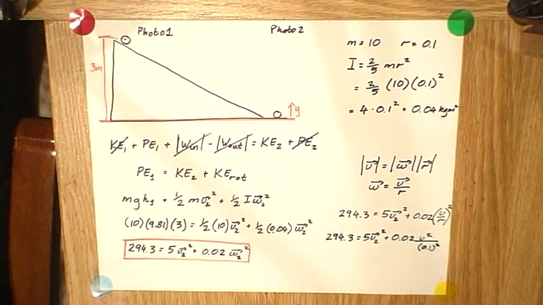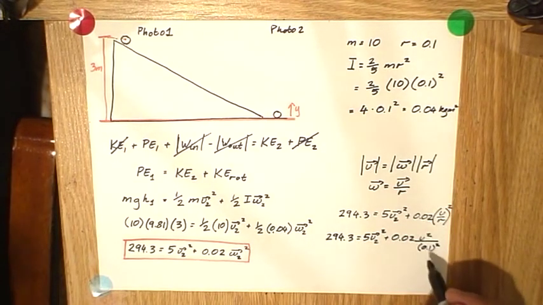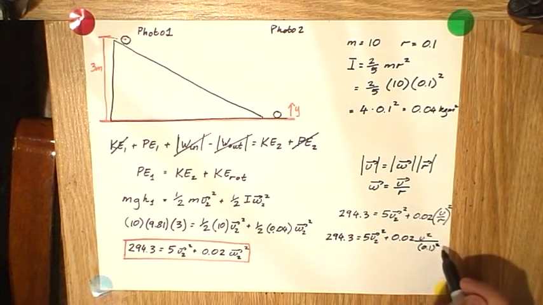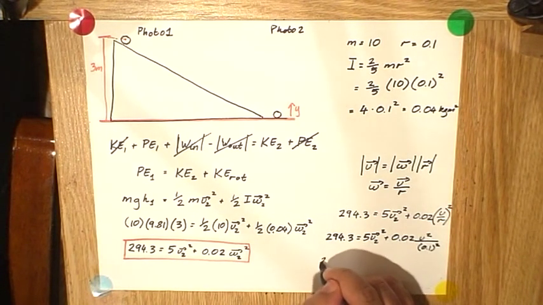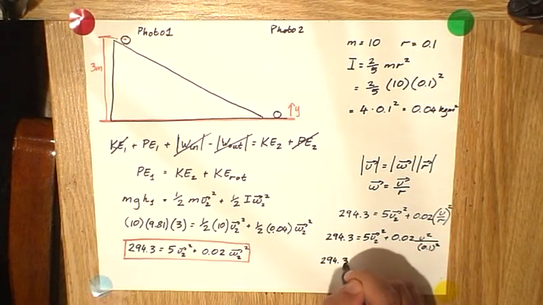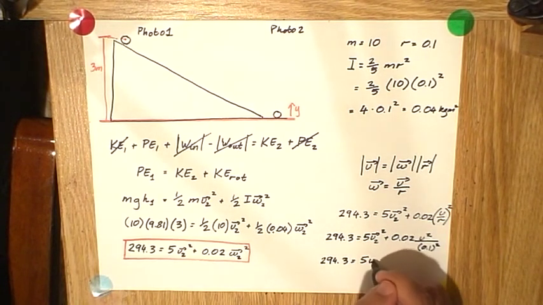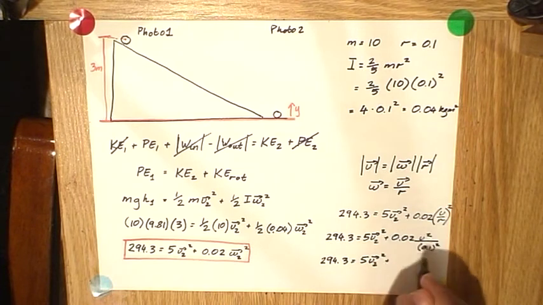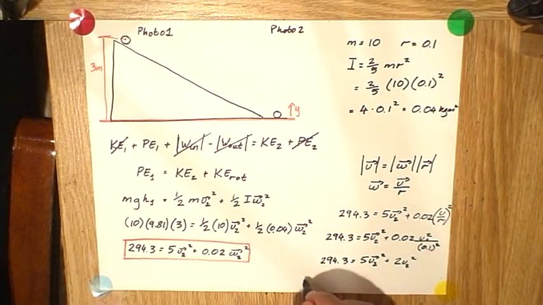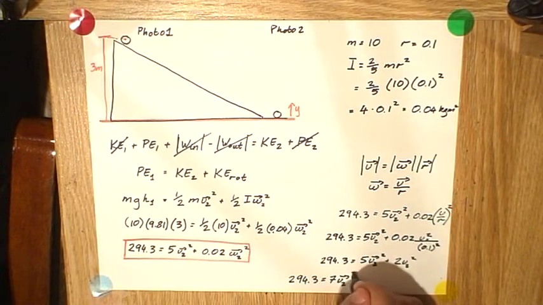So 0.02 divided by 0.1 squared. 0.1 squared is 0.01, and 0.02 divided by 0.01 is just going to be 2. So that's going to give us 294.3 is equal to 5 v2 squared plus 2 v2 squared. So 294.3 equals 5 plus 2 gives us 7 v2 squared.